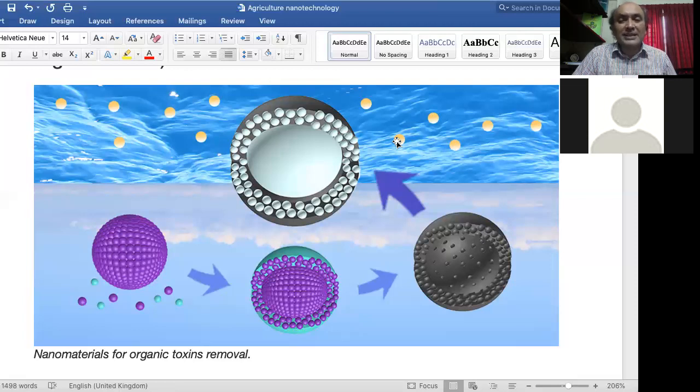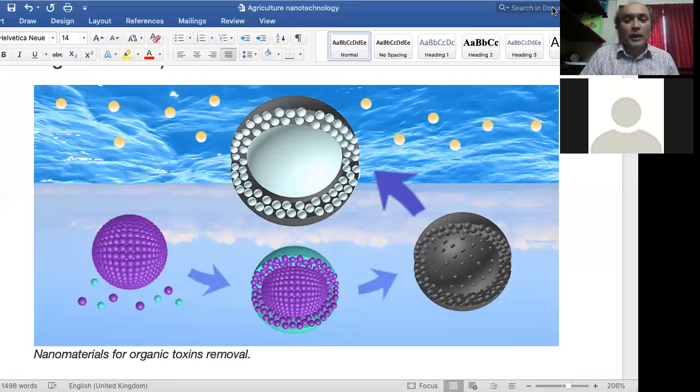But the question still remains the cost of such technology. So scientists are working on reducing the cost of the technology, and it is a very important challenge in front of us. But any technology in the initial stage is very expensive.